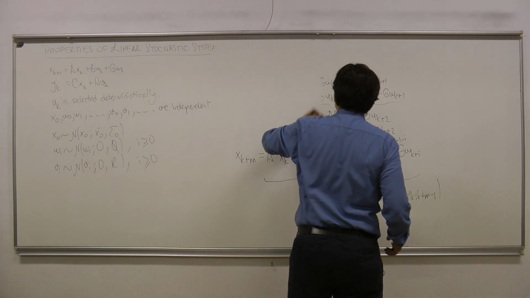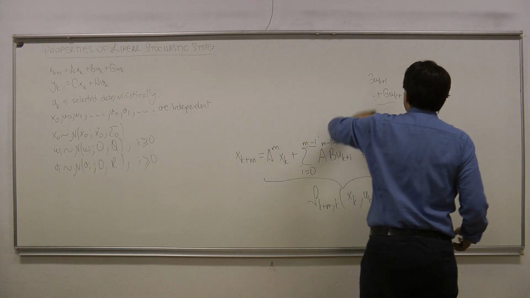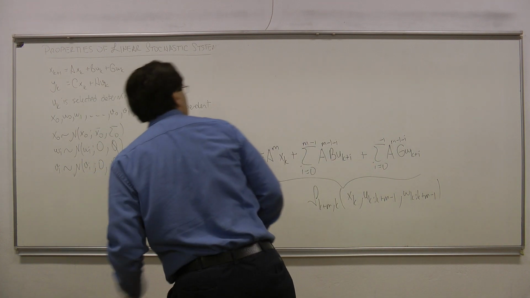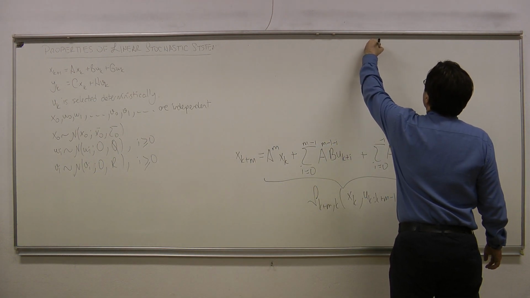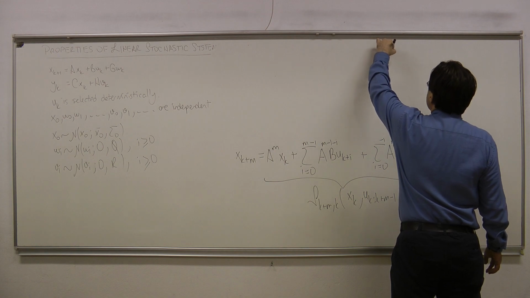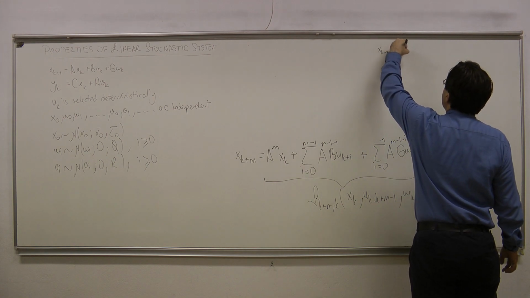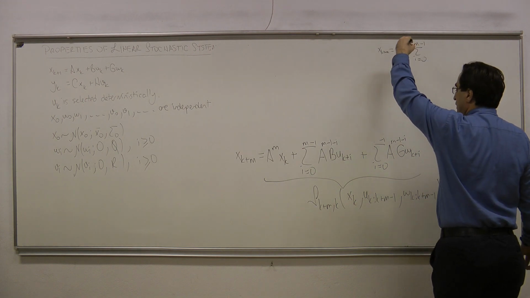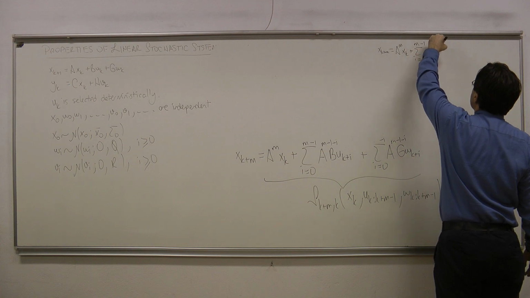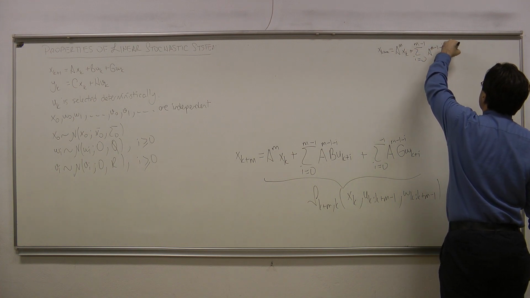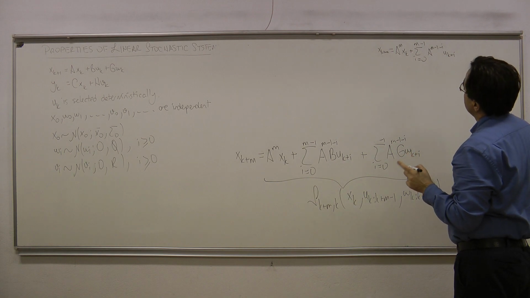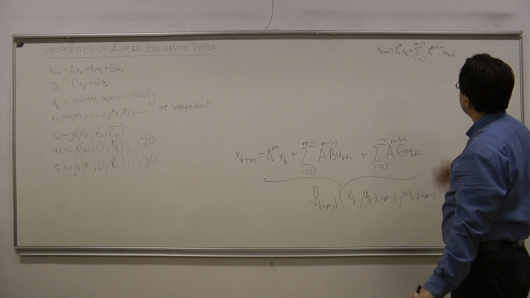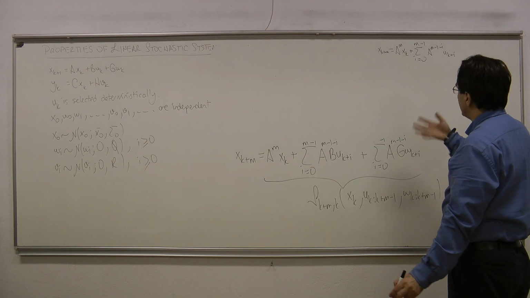So I want this transition function to remain here, or maybe I should write it in a corner. Let me write it here. x_{k+m} is equal to A to the m x_k plus the sum over i from 0 to m minus 1 of A to the m minus 1 minus i B u_{k+i}. In some way it is good if you can memorize this expression so that you don't deal with the same thing over and over.